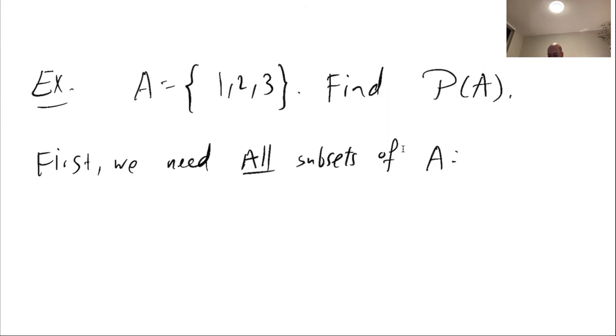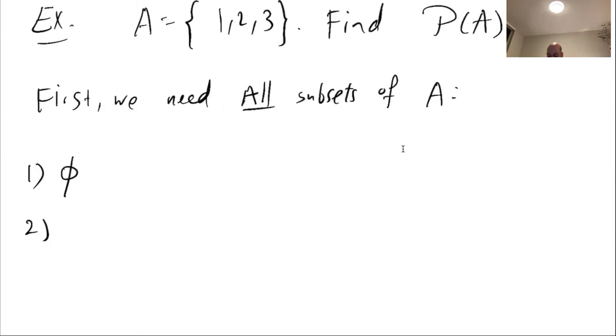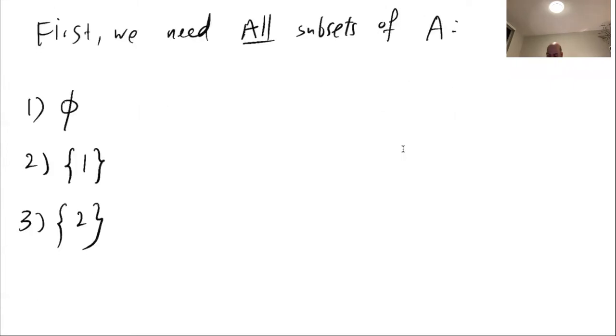So here they are. The first subset is phi, or the empty set. We saw that phi, or the empty set, is a subset of every set in the world. Therefore, it's also a subset of A. What else? Let's say, for example, the set containing only 1 is a subset of A. What else? Only 2. Only 3.